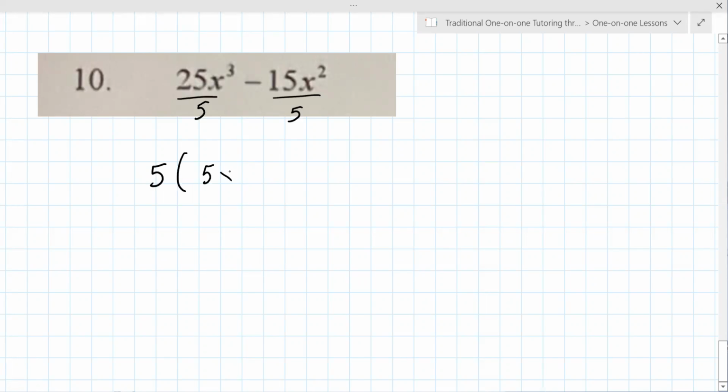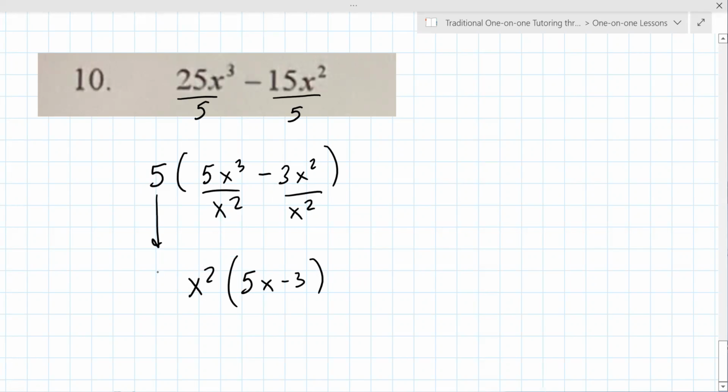So you get 5x cubed minus 3x squared. But maybe upon closer inspection you realize there's an x in both. So you can still factor out an x squared out of both of these. And now you get 5x minus 3, but this 5 has to come down as well.